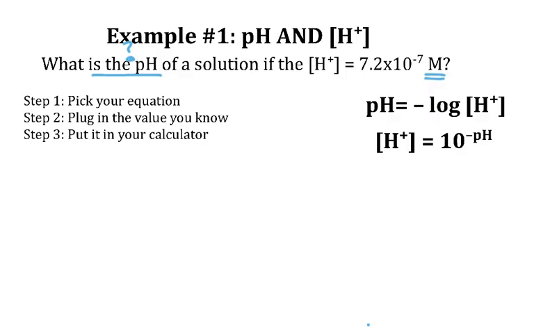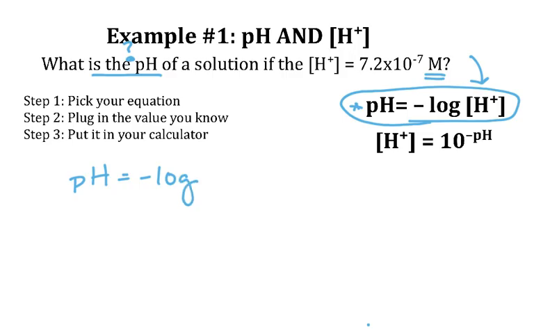So we're going to pick the equation that has pH by itself, because I want to be able to plug in the value I know into my calculator on the right side, and then it's going to spit out my value for pH. So I'm going to use pH equals negative log, and then I can plug in that hydrogen ion concentration, 7.2 times 10 to the negative 7th molar.